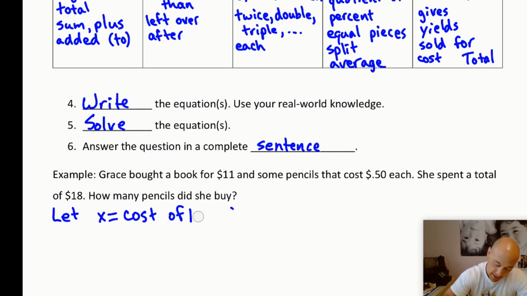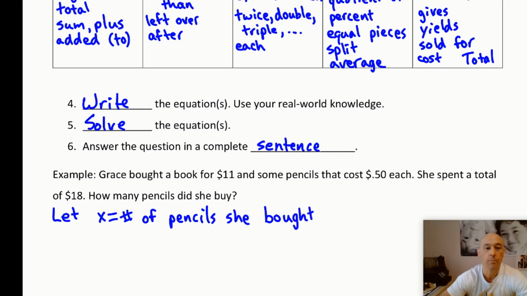We know how much each pencil was. They were 50 cents each. We're looking for how many pencils she bought. So it makes sense that the unknown variable is what we are looking for.